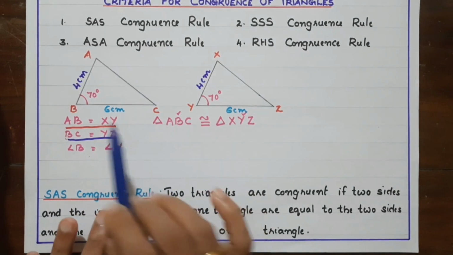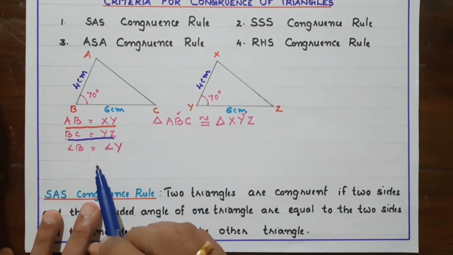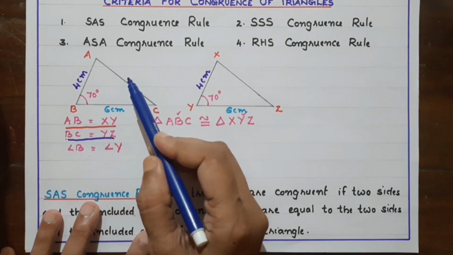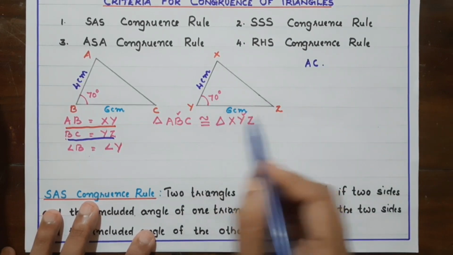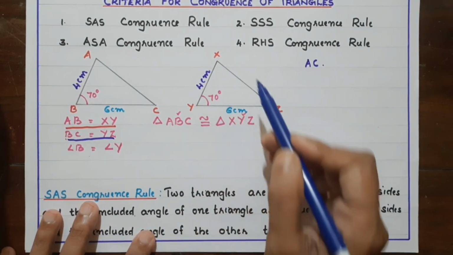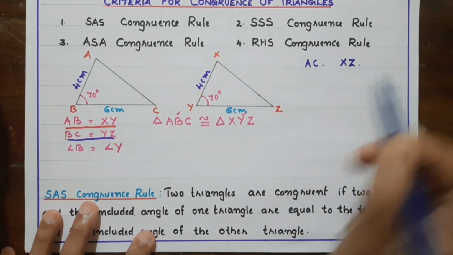Now in these two triangles, what are the sides remaining? AB we have taken, BC we have taken. What is the remaining side? AC. Isn't it? Then here which is remaining? XY we have taken, YZ we have taken. Remaining side is XZ.